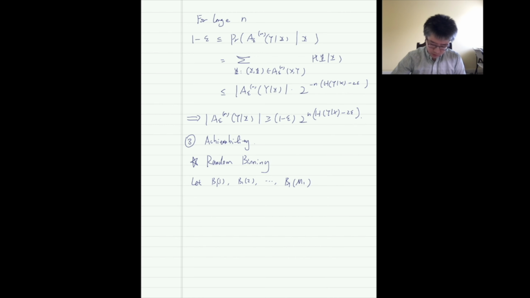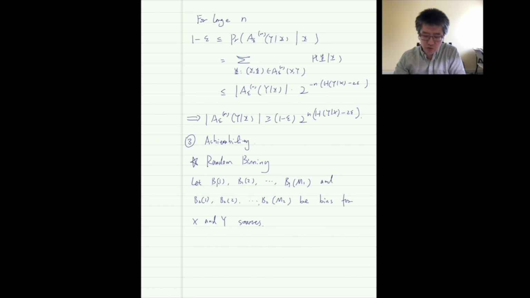And B_{2,1}, B_{2,2}, up to B_{2,M2} are the bins for the random variable Y.